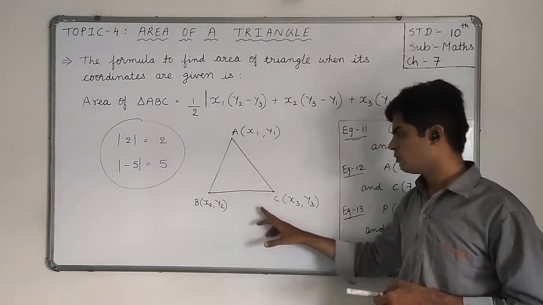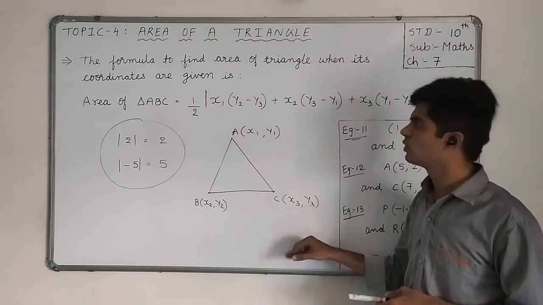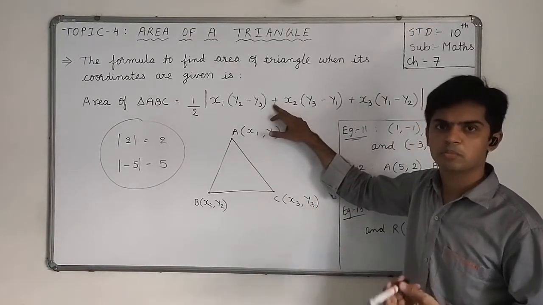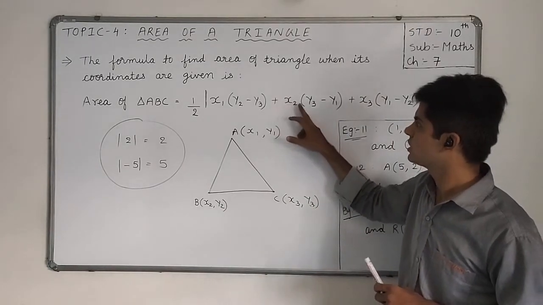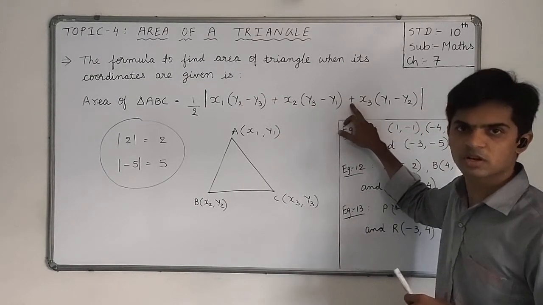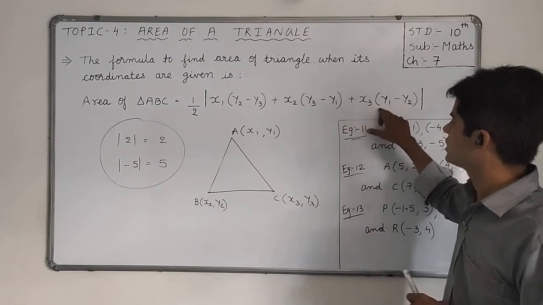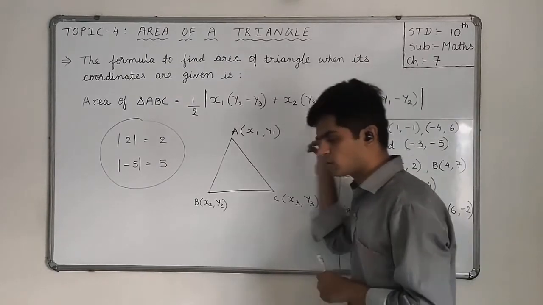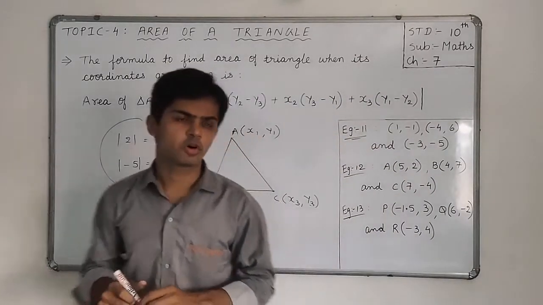This coordinate minus this coordinate, okay, plus compulsory plus x2 inside bracket y3 minus y1 bracket over, compulsory plus x3 inside bracket y1 minus y2 bracket over and modulus also over.